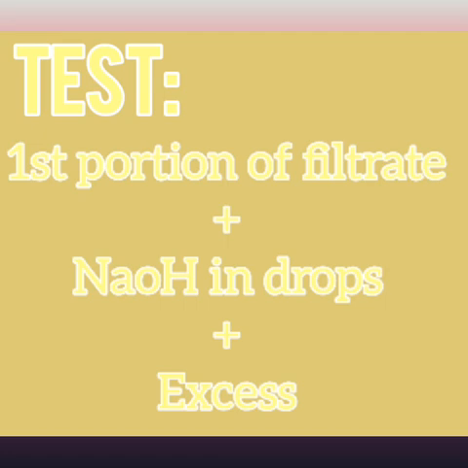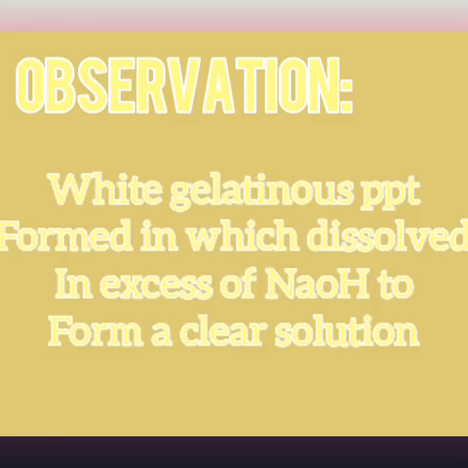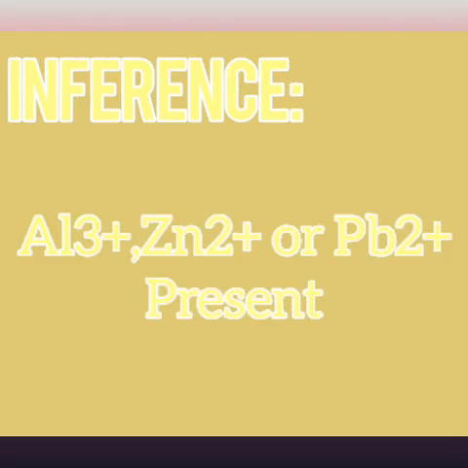For your observation, we have a white gelatinous precipitate formed, which dissolves in excess of sodium hydroxide to form a clear solution. Remember how we talked about clear solution in our first test in the beginning? So our inference would be aluminium, zinc, or lead present. Aluminium, zinc, or lead present for accurate results.